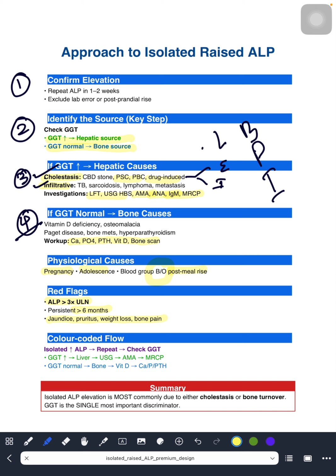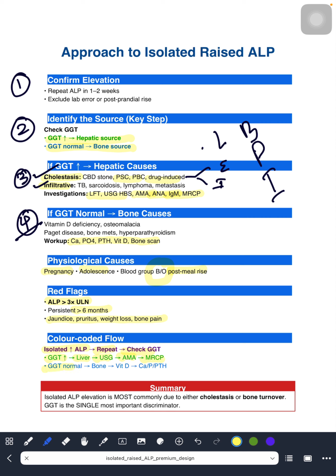So, what is the summary? Isolated raised ALP, you will have to repeat it, and if confirmed raised ALP, then check GGT. If GGT is raised, it is liver origin, then you will have to do ultrasonography. If no disease is found or if suggested, then AMA and MRCP.